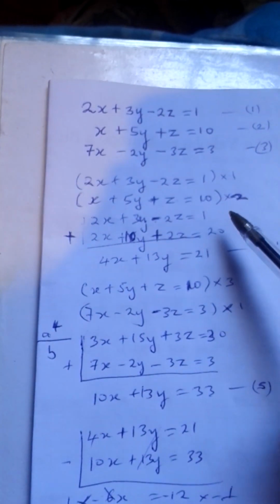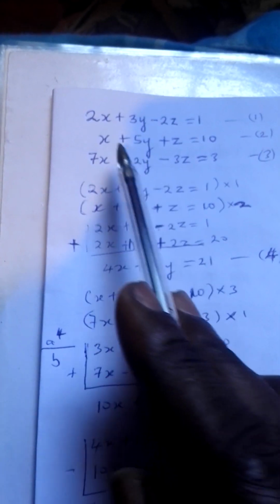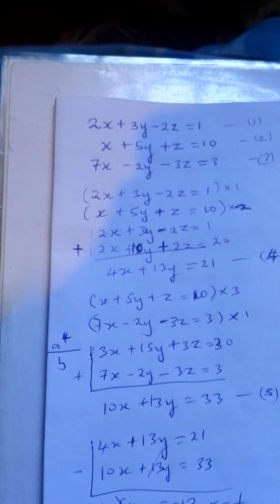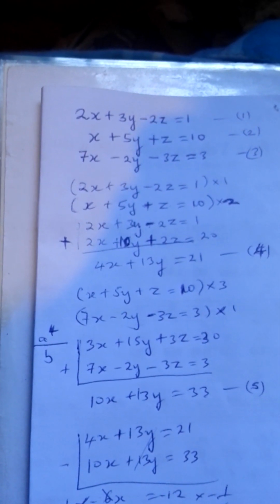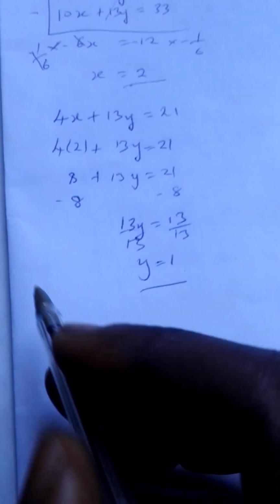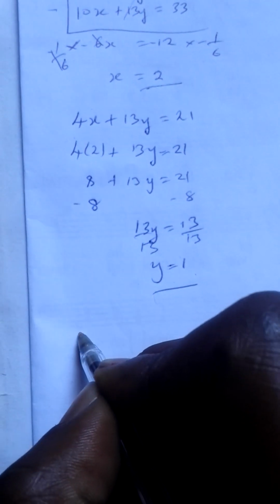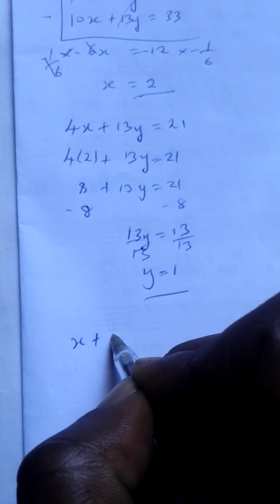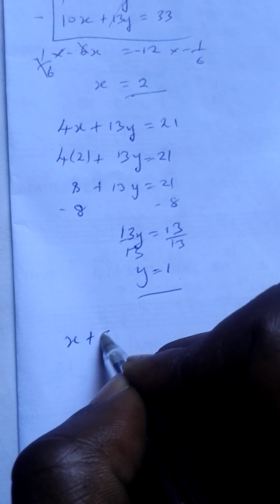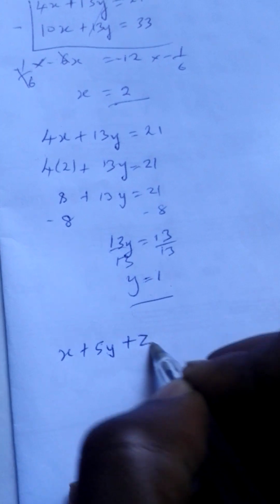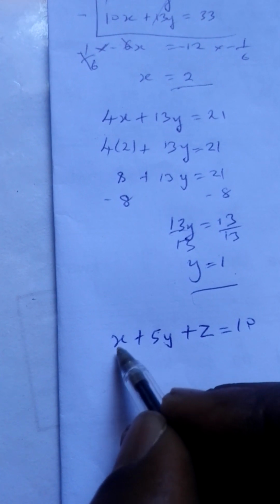So now all I have to do is get these two variables, which I've already found, into one of the equations. Which am I going to choose, equation 1, 2, or 3? If you look at the equations, equation 2 is simpler, so I'm going to use equation 2 to find the last variable, which is z. So I copy this equation, x plus 5y plus z equals 10, and substitute.